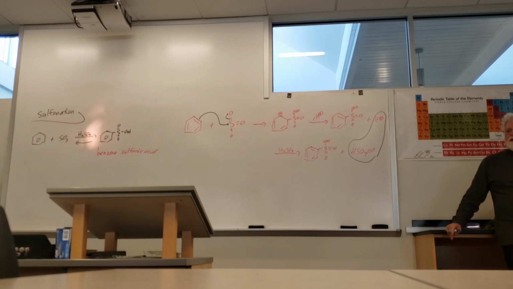Okay, having drawn that mechanism, I won't ask you for it on a quiz or test. I certainly could ask you to draw a detailed mechanism for halogenating, nitrating, alkylating, or acylating a ring. I will not ask you to draw a detailed mechanism for sulfonating a ring.